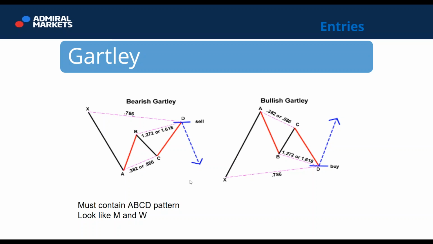But the main thing, guys, both bullish and bearish Gartleys have M and W. This is M, guys. If you see the leg A, B, B, C, C to D, when this starts to go down, this is actually an M pattern.